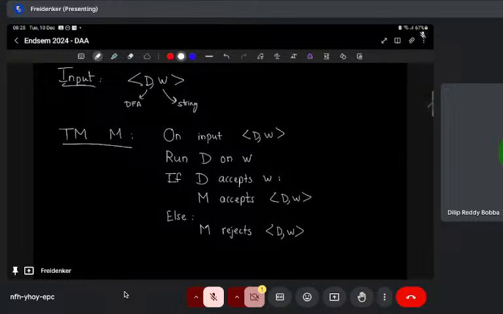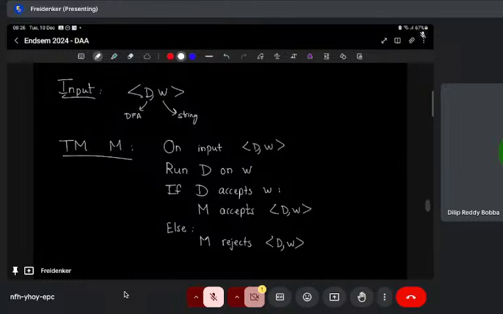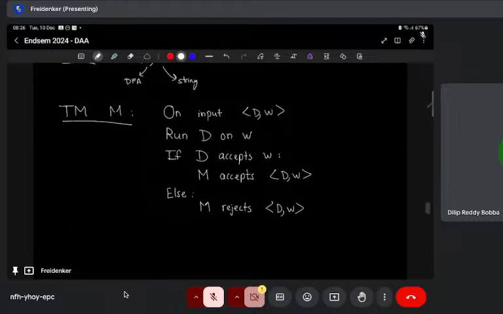So this is one Turing machine that solves the problem. Given an input D comma W, it's going to tell whether the input is in ADFA or not. So M tells if D comma W is in ADFA or not.